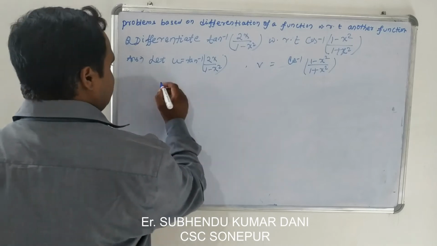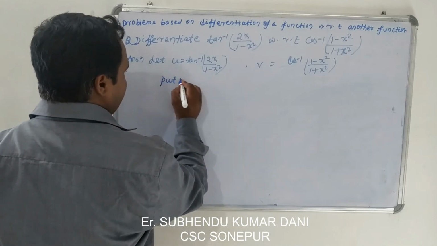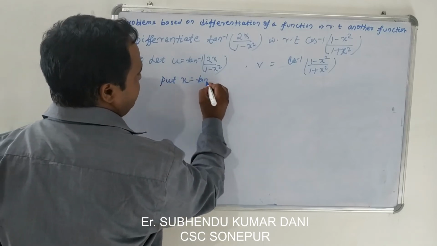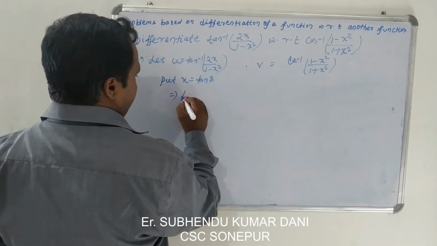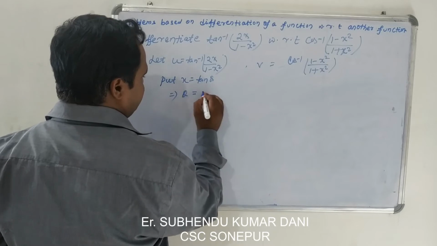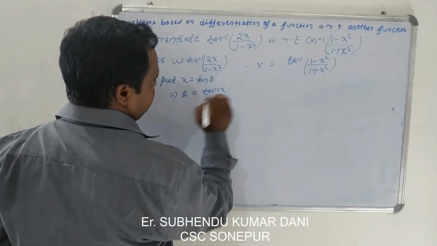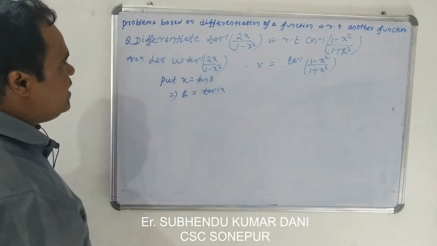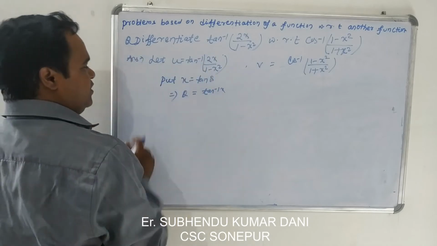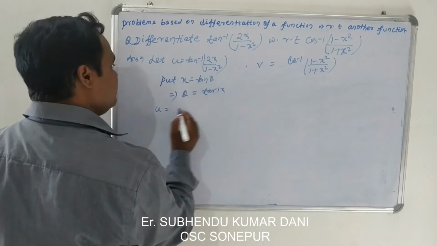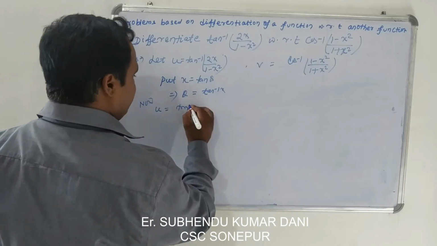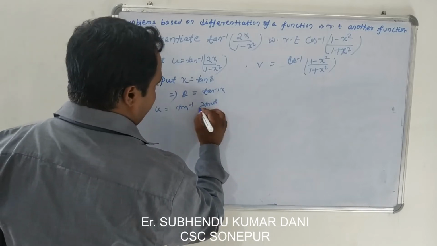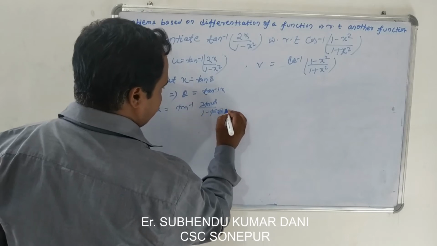It is a tan inverse, that means it converts that tan value. So suppose we put x equal to tan theta. This implies theta equals tan inverse of x. Clear that? So I am putting this value in these equations. So u equals tan inverse of 2 tan theta by 1 minus tan square theta.